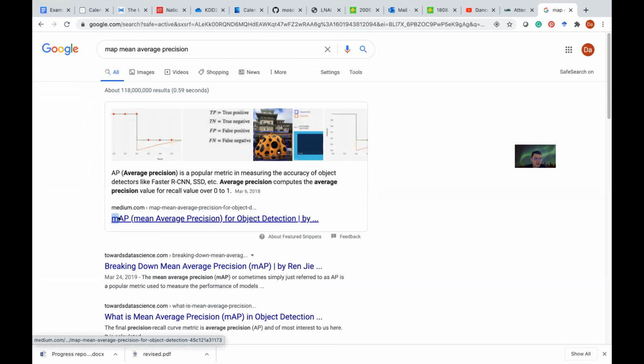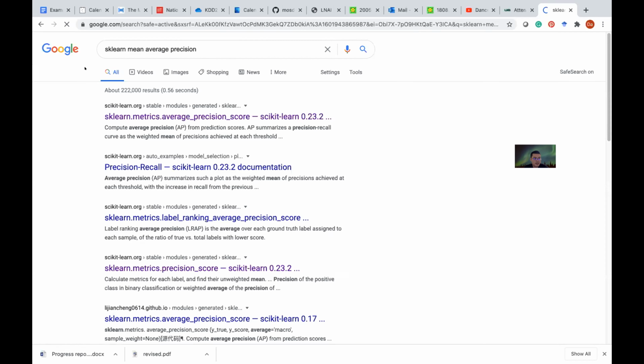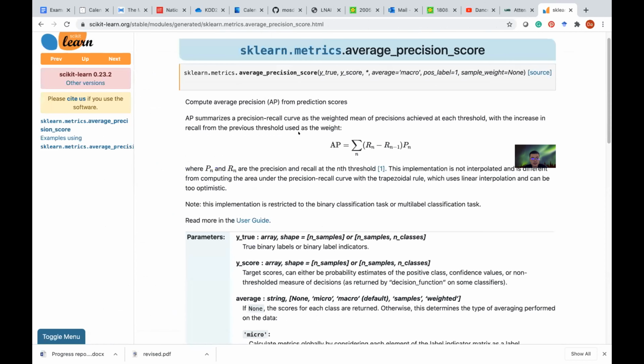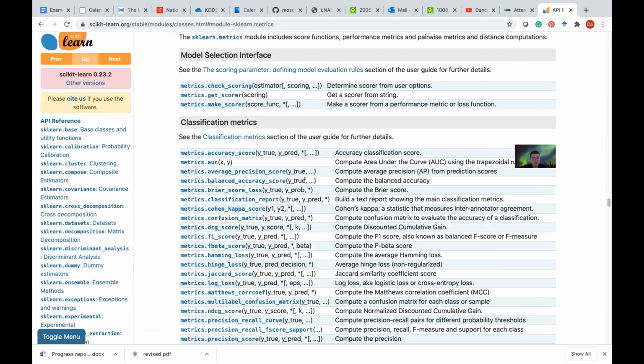Usually the M is in lowercase. Okay, they are totally different. And this is yet another metric. For example, in scikit-learn, you can have this, right? So you get the y true and y score. Then this is just like F1 and AUC score, AUC curve.